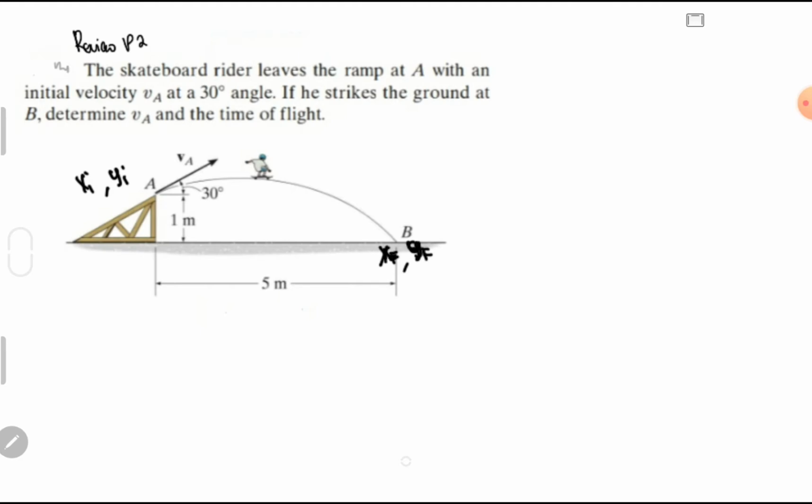Take note that our YF is equal to 0 and our XF is equal to 5. Our XI is equal to 0, and our YI is equal to positive 1.